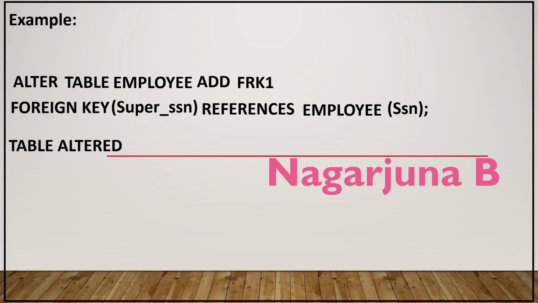Similarly, consider the DNO attribute, which is taken from D number, that is the department number of the department table. That can be done by writing alter table employee, add constraint name as FRK2, foreign key, within the bracket DNO, references department, it is the name of a table, in that one within the bracket D number, semicolon.